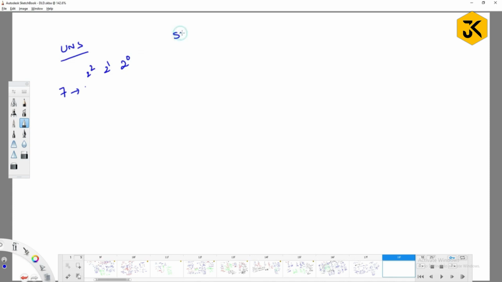What about the signed magnitude representation? You have to perform addition of all the terms 2 power 0, 2 power 1 and so on. You may get a positive sign or a negative sign. The last bit, the MSB, represents the sign, so that should be multiplied with powers of minus 1, minus 1 power MSB bit.